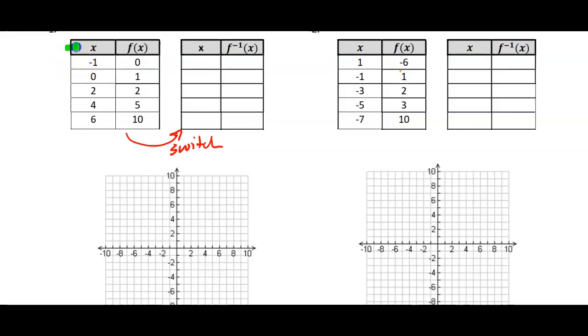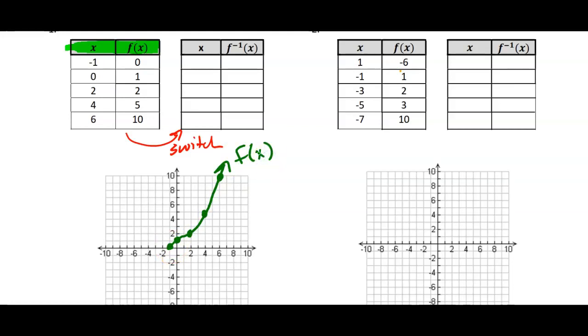This table is going to be a green table. The points are -1, 0, 0 and 1, 2 and 2, 4 and 5, 6 and 10. And that's my f of x.